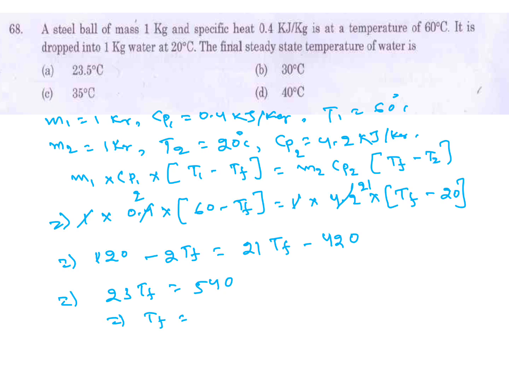Tf equal to 540 divided by 23. 23 into 2 is 46, 80 into 3, 23 into 3 is 69, 11, then 110 by 23, 23 into 4. So it will come nearly 23.4 degrees Celsius. So A is our answer.